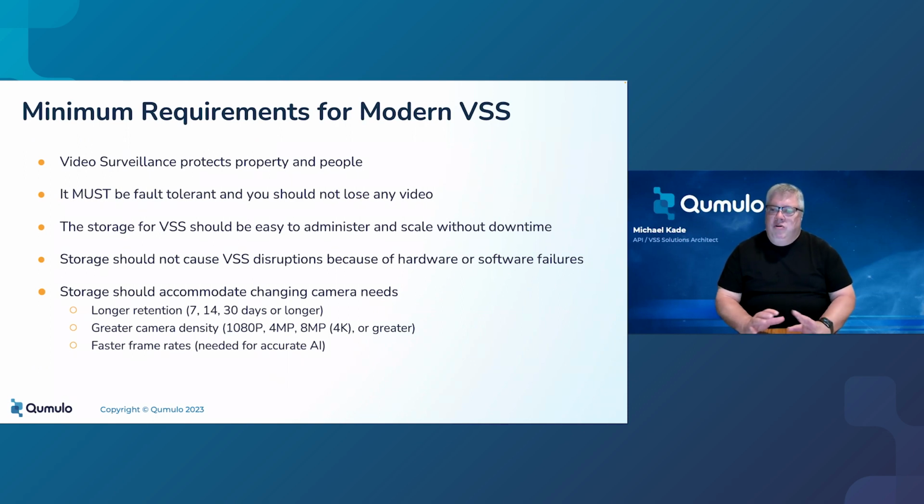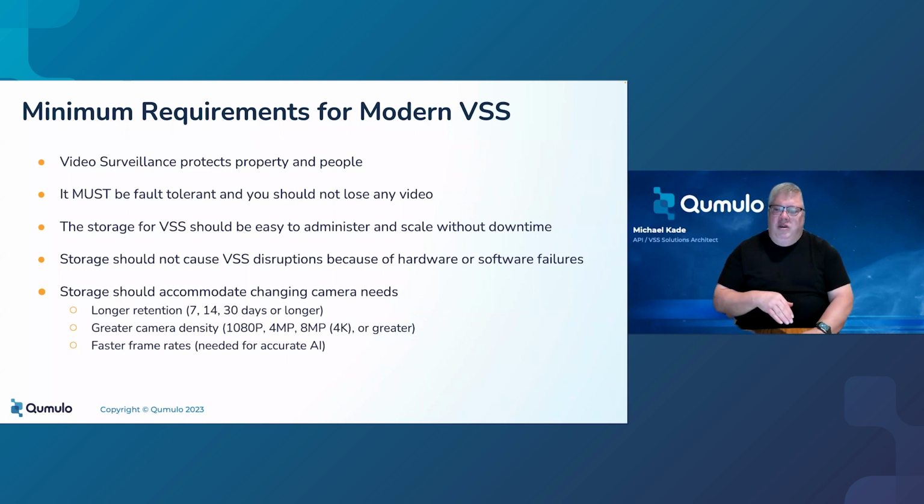Those cameras could be 1080p. Let's say you have a change in requirement because of AI that you want to introduce into your camera system, that you want to go to 4K. Well, that's 8 megapixel. 1080p is 2 megapixel. That's a 4x increase, and that changes your storage. For accurate AI, you have to have faster frame rates, and I'll explain why. That changes your storage.